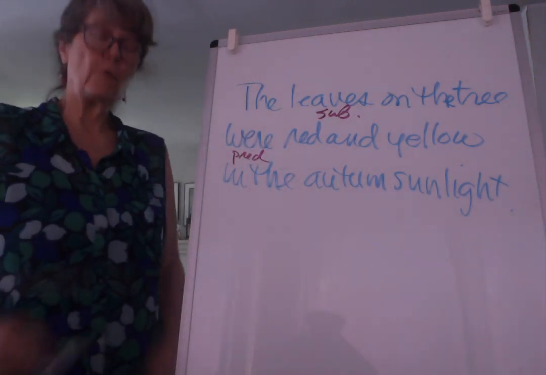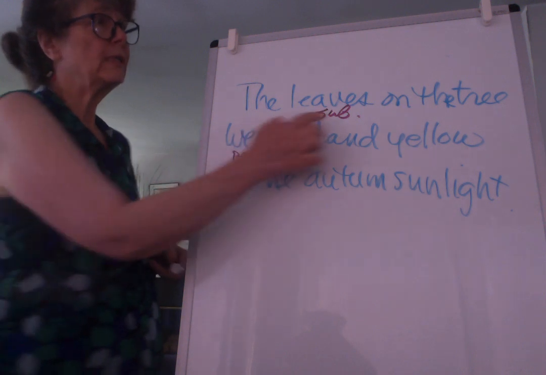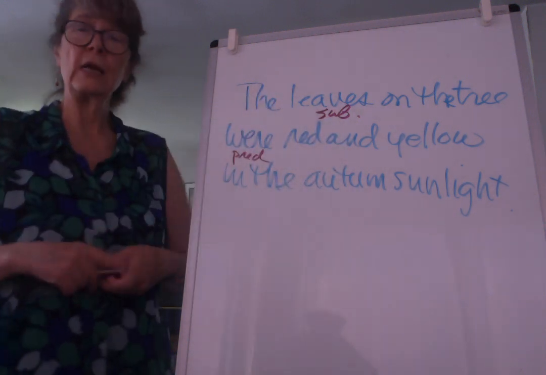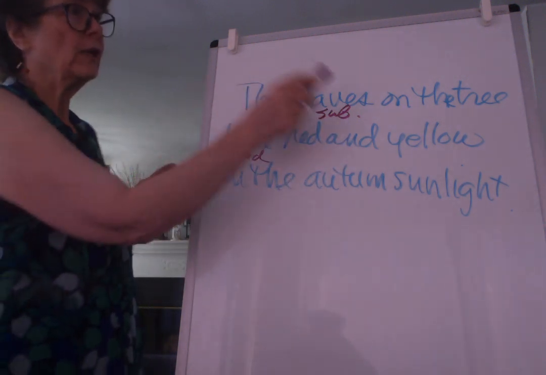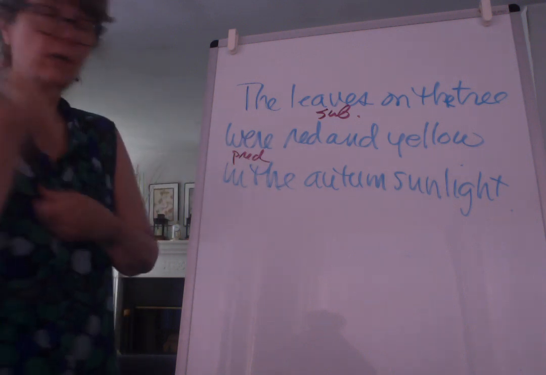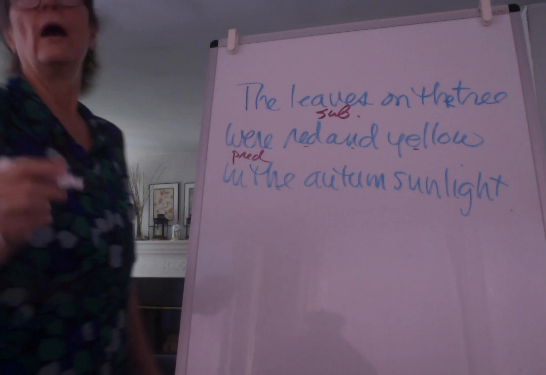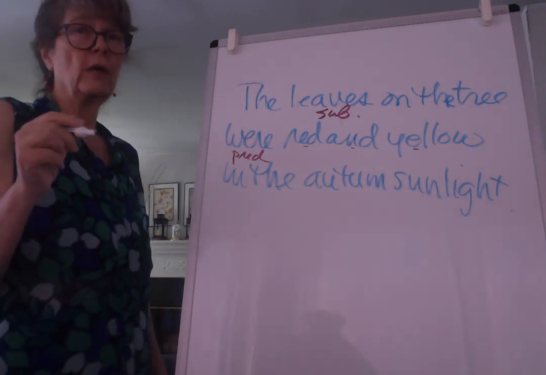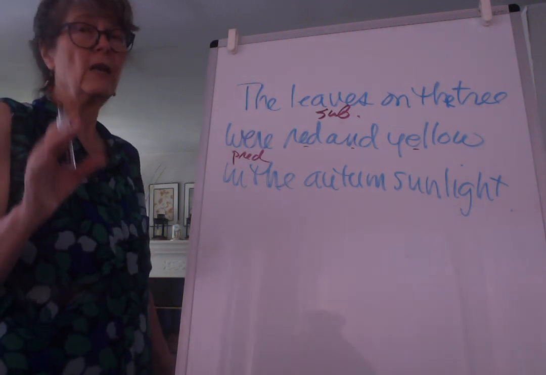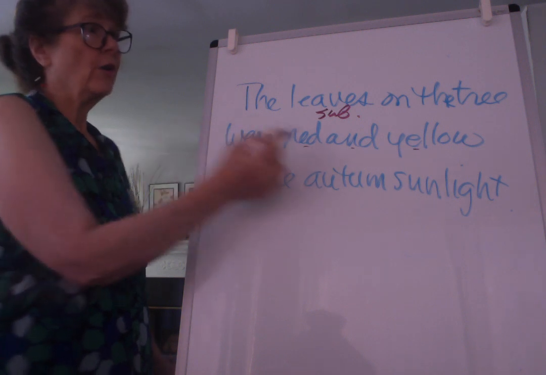Now, if we're looking for a direct object, remember we say the subject, we say the predicate, and we ask what. So the leaves were what? They were red and yellow. Now, if that's the direct object, it has to pass 2 tests. The first one is, are those nouns?